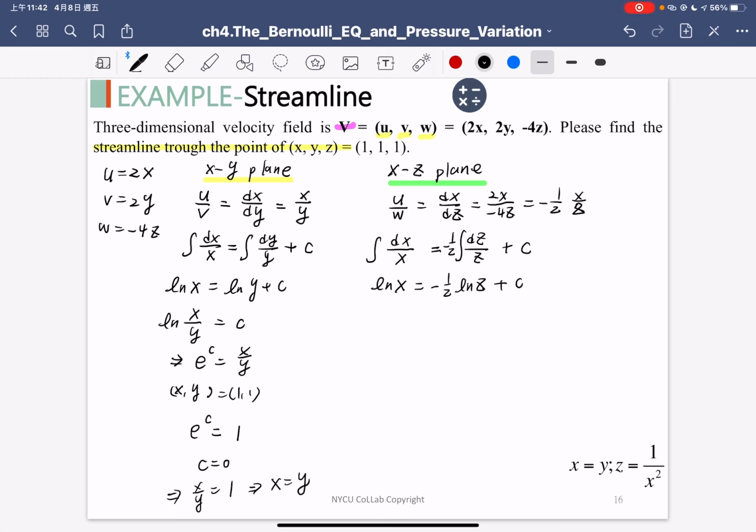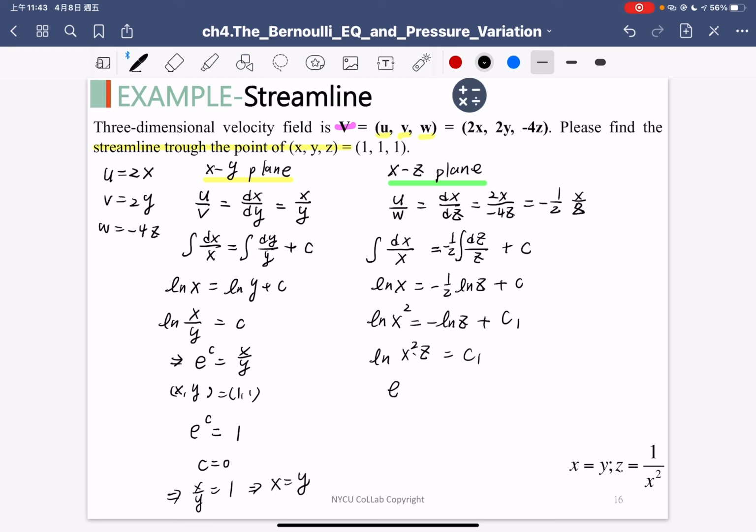I move the 2 over 1 to the right-hand side, so there's 2 ln x and minus ln z. Because there may be another constant value, I use c1. I merge all of the logs together, so we have ln of x squared multiplied by z equal to c1.